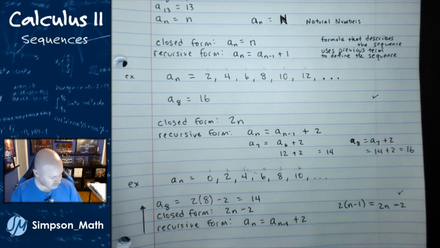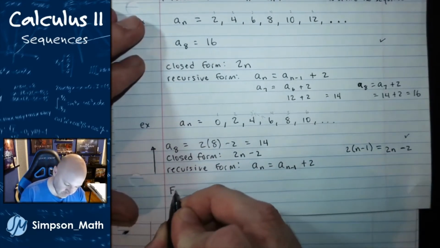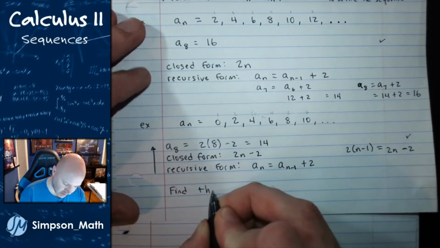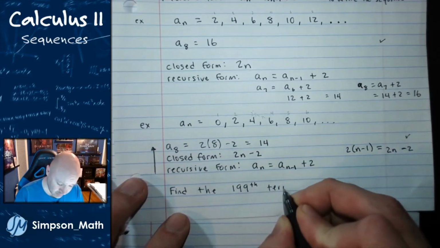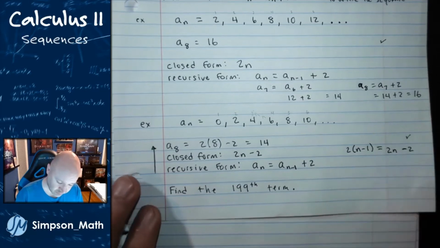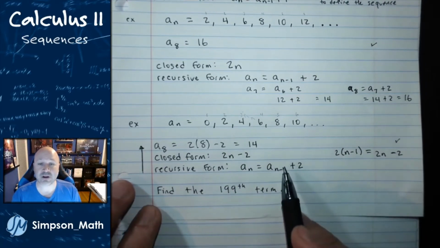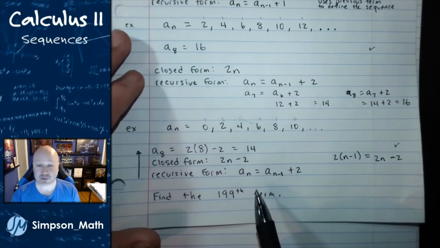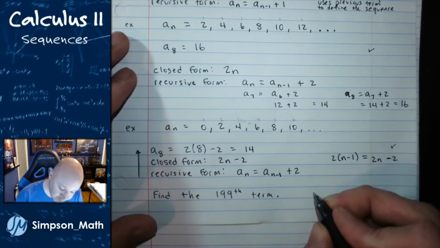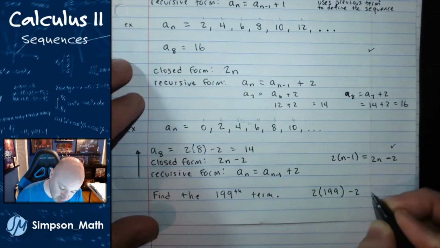Okay. Now let's find the 199th term. I am for sure not going to go through the recursive work. I'm going to use the closed form: 2 times 199 minus 2.